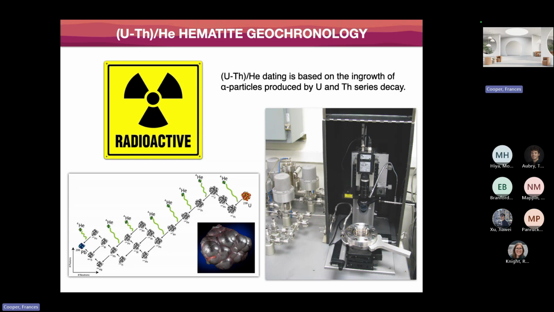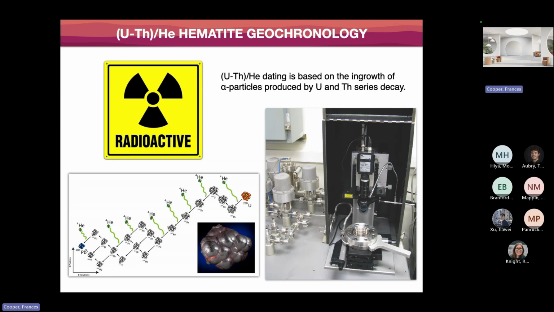The principle is, if you have a decay of uranium or thorium or samarium as well, as they decay gradually from, in this case, uranium all the way down to lead, the daughter product, along the way, they spit out alpha particles, and alpha particles are essentially helium atoms. So during that long decay process from uranium to lead, you're spitting out a lot of helium.